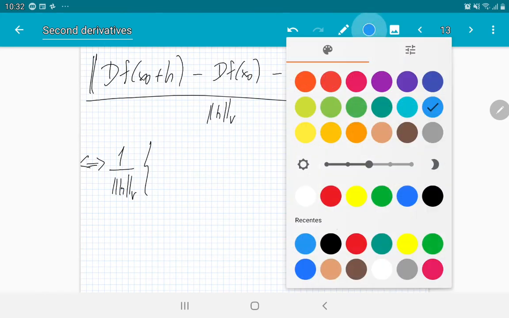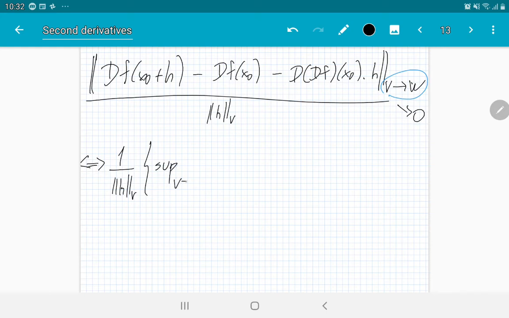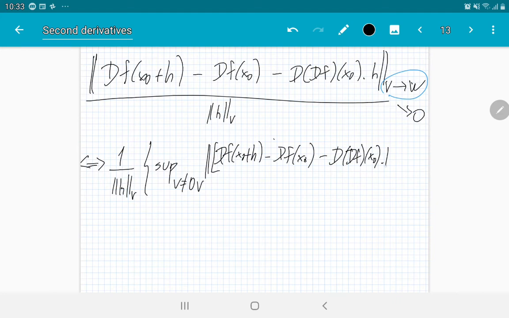This is a linear transformation, so if I want to compute its norm, I take the sup over v non-zero of df at x naught plus h, applied to v, minus df at x naught applied to v.